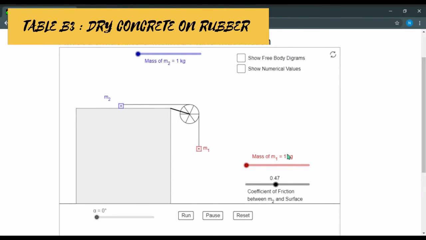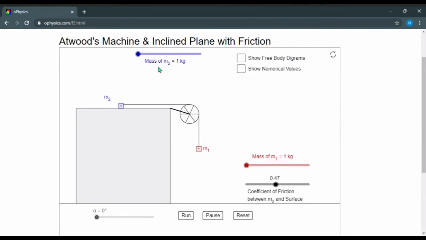Hi, I'm Nabila for part B3, dry concrete on rubber. We're going to set the angle to 0 degree and the coefficient of friction, this one, the M2 and surface. For this example, we will use 8 kg of mass of M2.